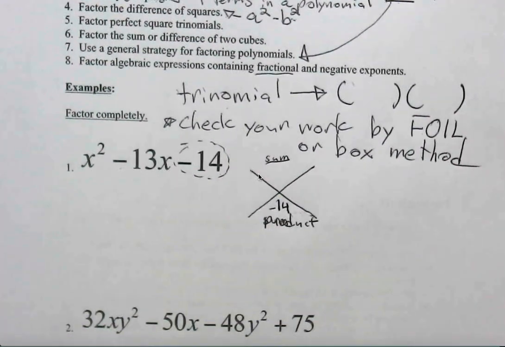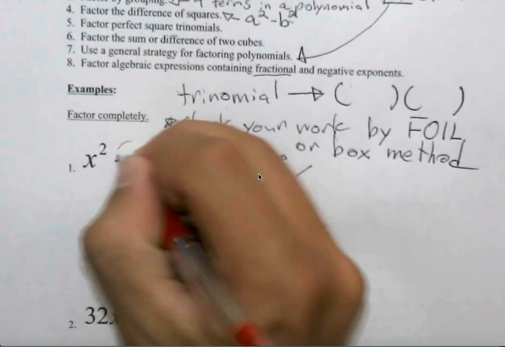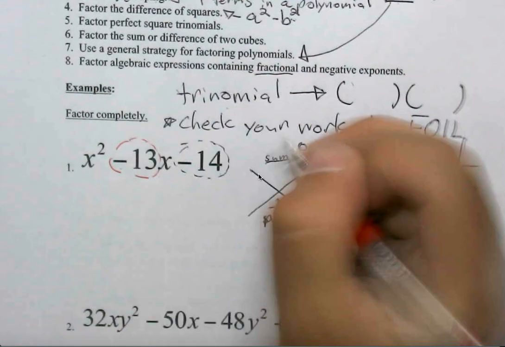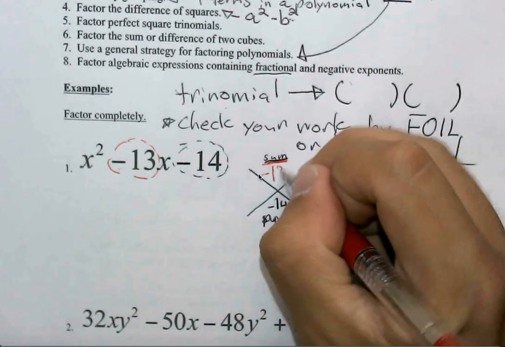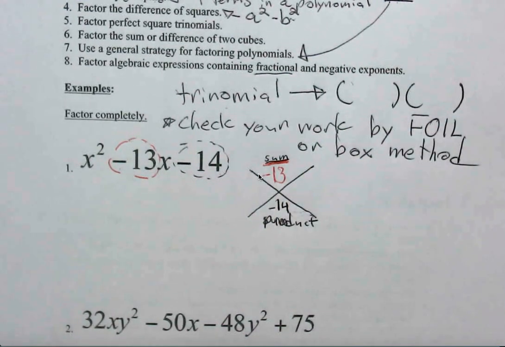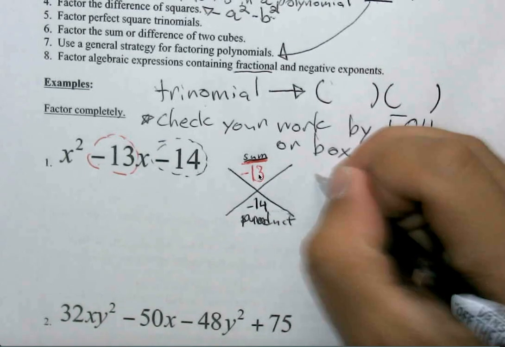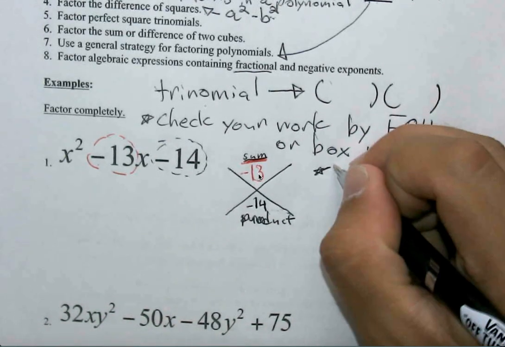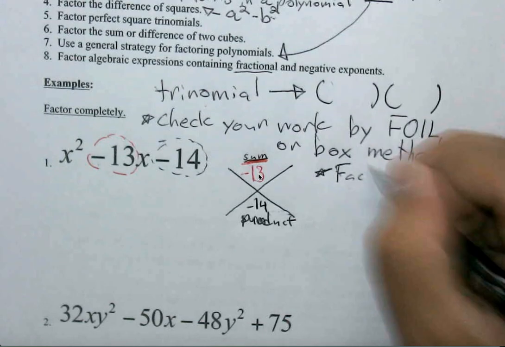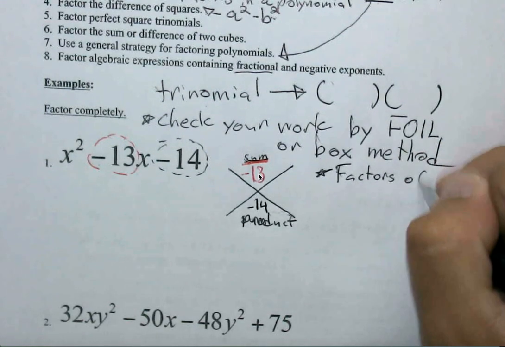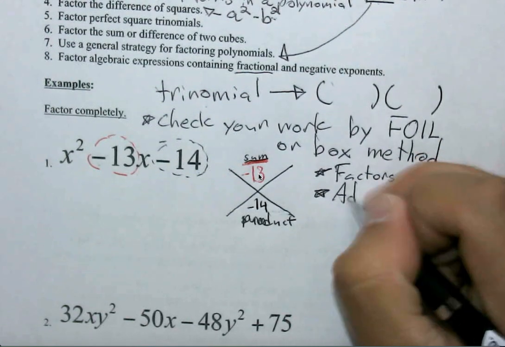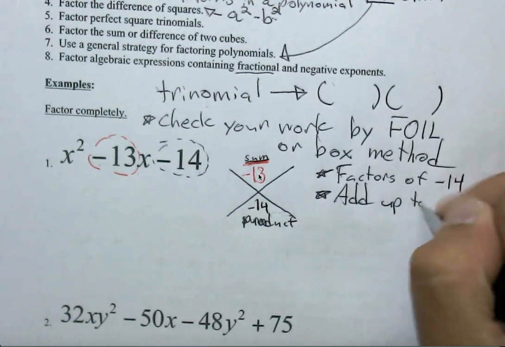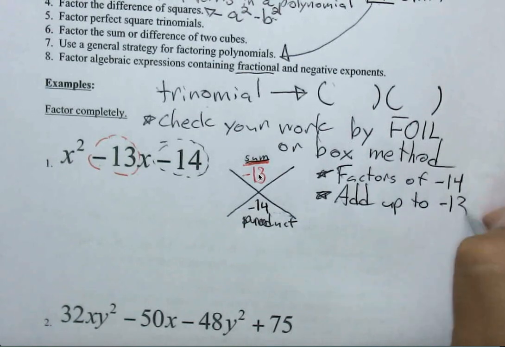So I'll try to color coordinate here. So this negative 13, it's going towards the top. And so the idea that we're trying to think out here, we're looking for factors of negative 14 that add up to negative 13.